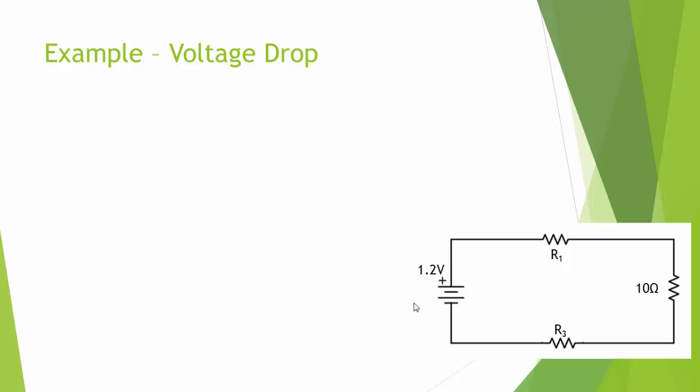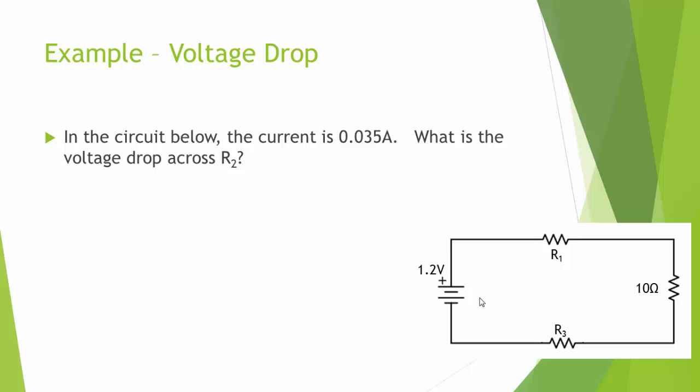So here's an example where we've got a series circuit with two resistors. We don't care about their resistance, one 10 ohm resistor and a 1.2 volt power supply, and we've measured the current to be 0.035 amps.